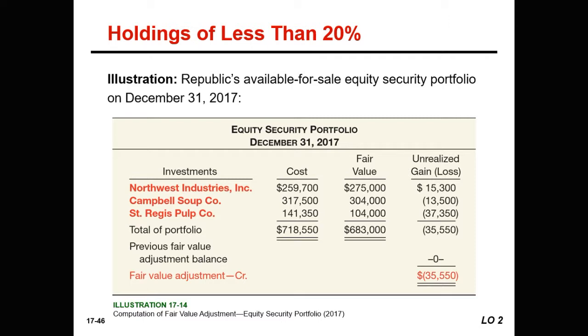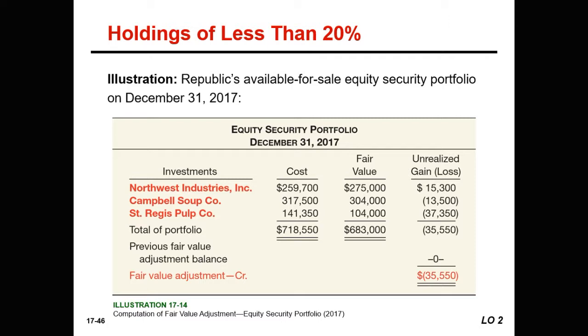Republic's available for sale equity security portfolio on December 31st, 2017 has costs and fair values associated with it to determine whether or not there is an unrealized gain or loss.